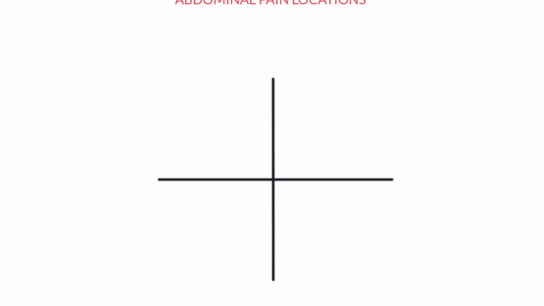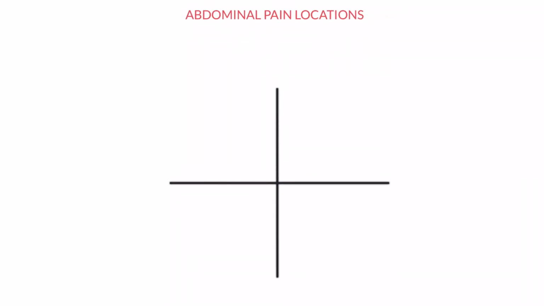So now we are going to get into the nitty-gritty of it. This is very important when you're taking a good history. You need to have an idea where certain presentations occur with patients. So we have the abdominal pain location, which is where the pain is. I divided it into 4 places: the left upper quadrant, left lower quadrant, right lower quadrant, and right upper quadrant.